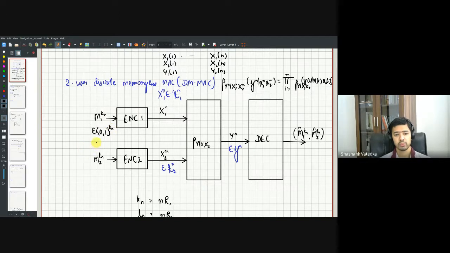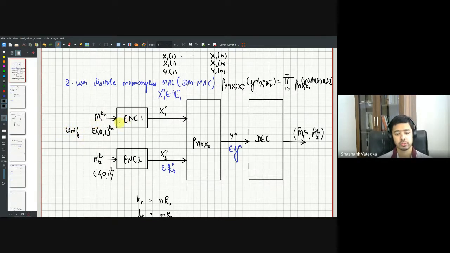So user 1 wants to send k bits through this channel, and user 2 wants to send, say, L bits through this channel. We need a probabilistic description of the messages. We'll assume that both M1 and M2, the two messages, are uniform.